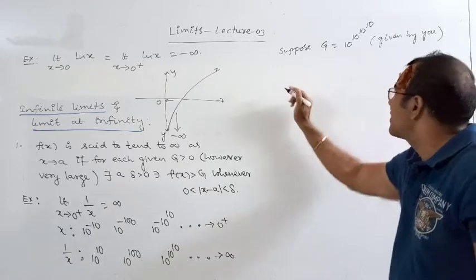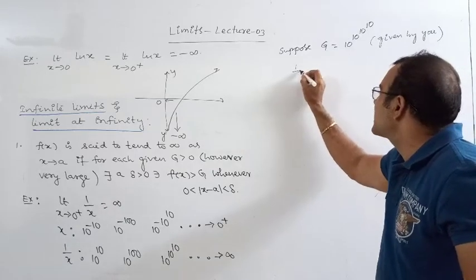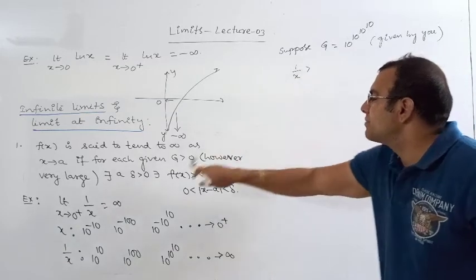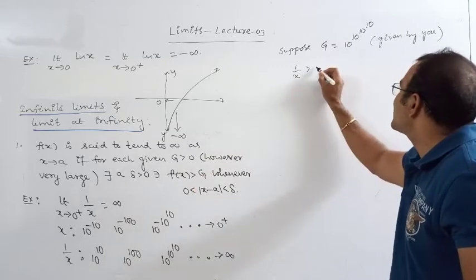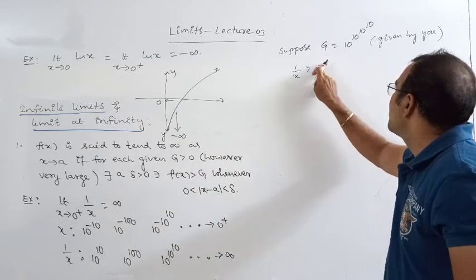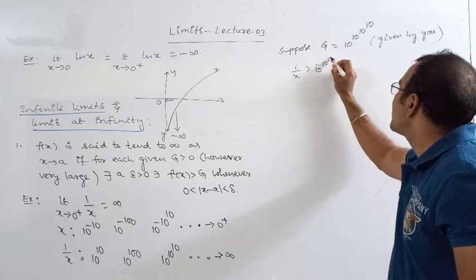So 1 by x must be greater than g, that is 10 to the power of 10 to the power of 10.